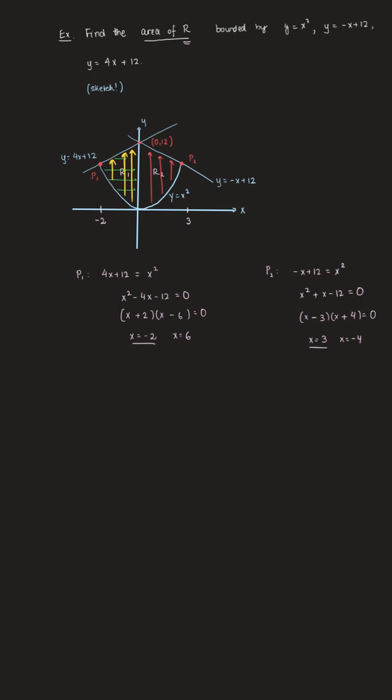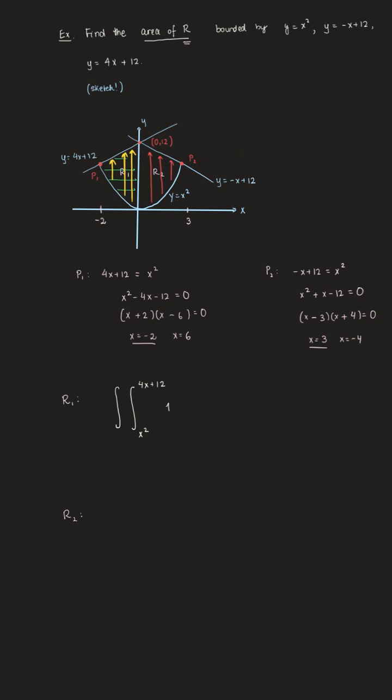All right, so let's add up our two integrals, one for the first region on the left and one for the region on the right. And remember, we're finding area, so the value of our function will be 1. Our surface is 1. So we're going to integrate with respect to y first. For the region on the left, we're going to go from x squared all the way up to 4x plus 12.